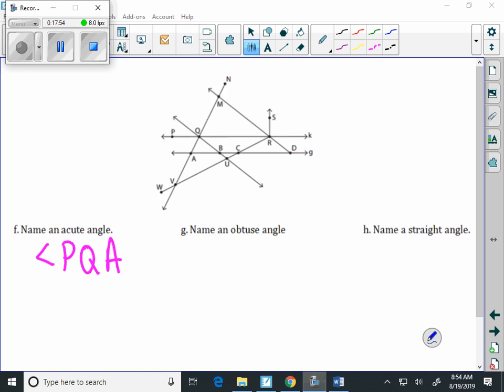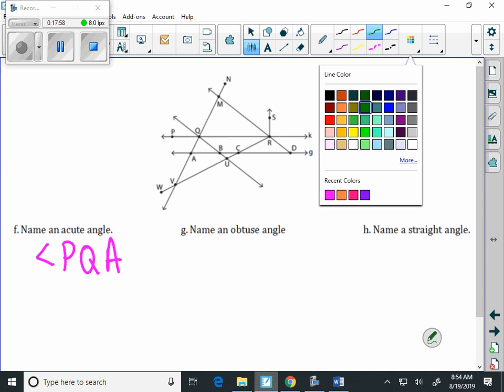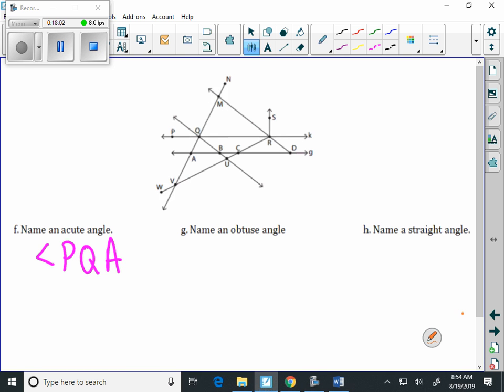Quickly done. An obtuse angle. An angle that is more than 90 and less than 180. And I did angle MR, oh, maybe I didn't do that. Let's see.